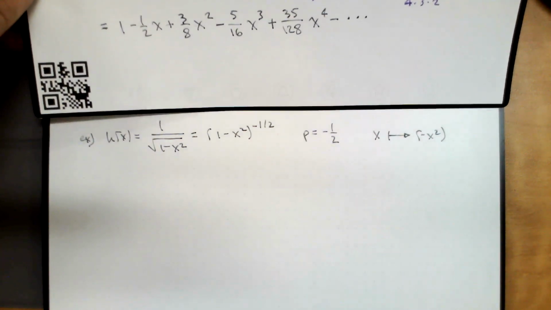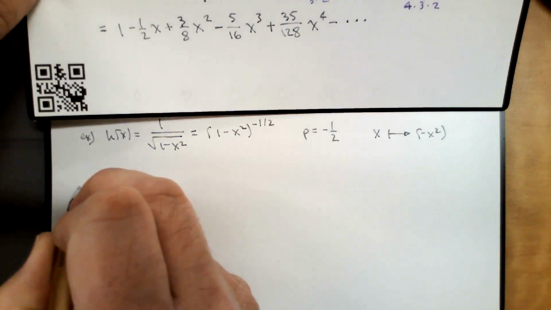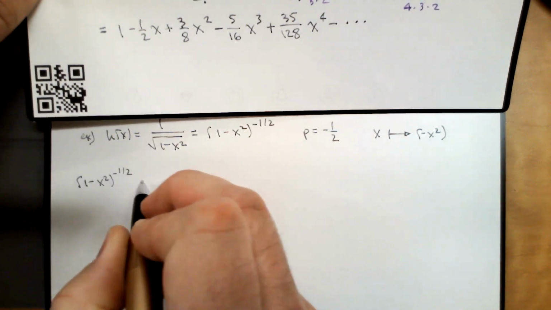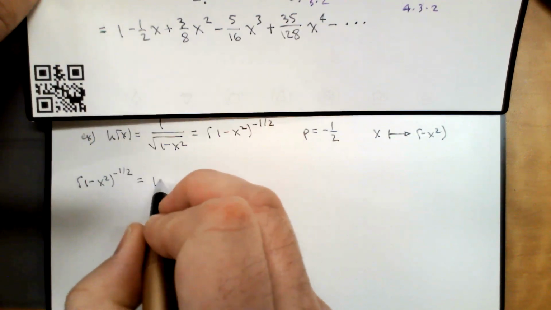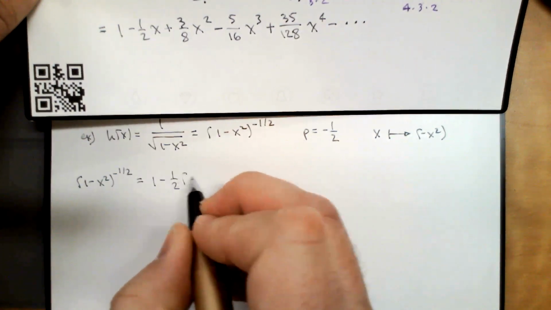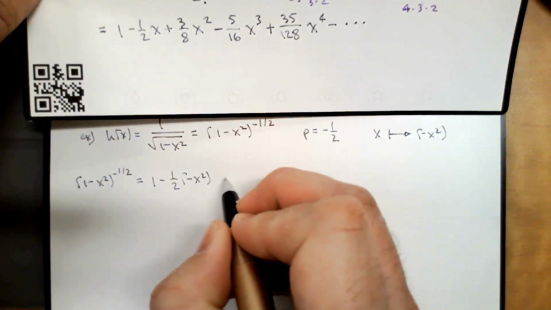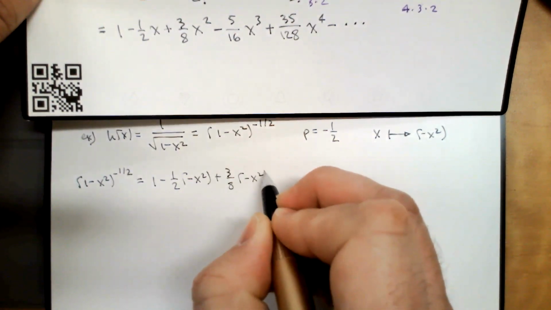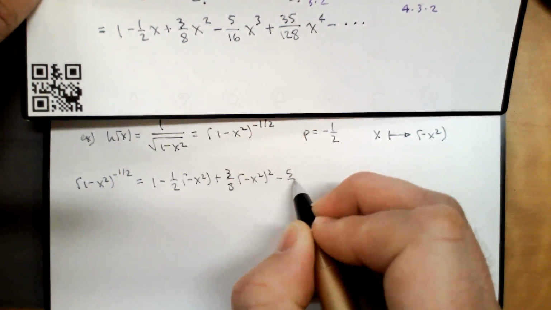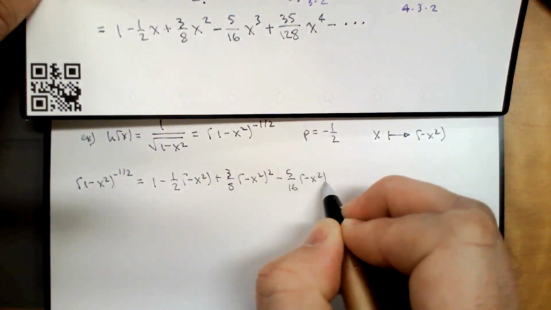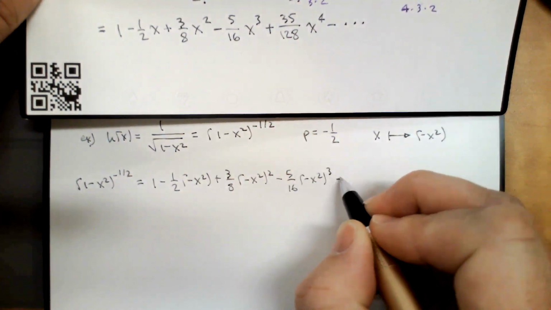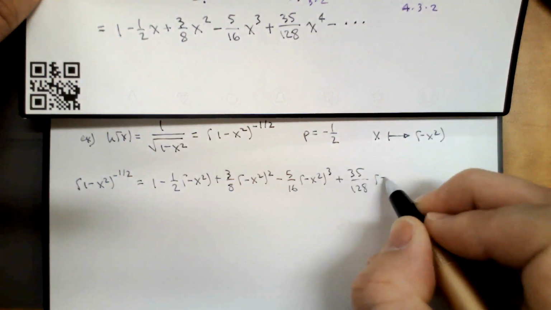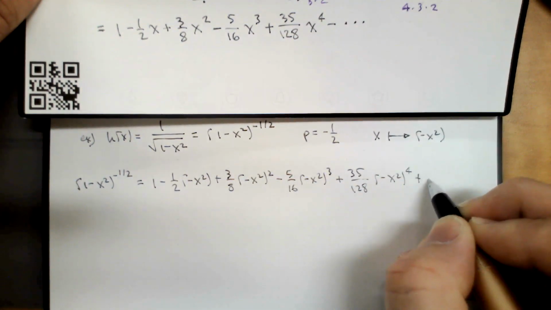I'm just going to grab the Taylor series from before. It's going to be 1 minus 1/2, but instead of x, I'm going to write negative x squared, plus 3/8 times negative x squared, minus 5/16 times negative x squared cubed, plus 35 over 128 times negative x squared to the 4th.